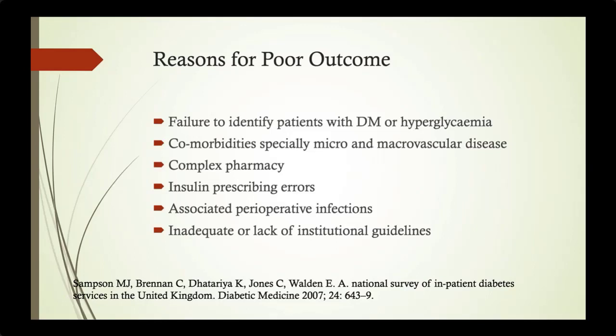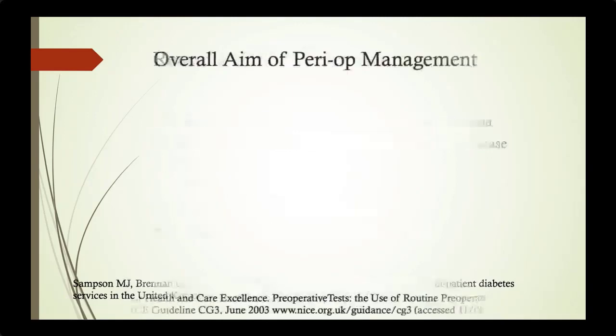Of course, they have an associated perioperative infection rate higher than normal, and inadequate or lack of institutional guidelines have served them. It's again rare nowadays, but some institutions still don't have clear guidelines on how to deal with the patients at different stages of their management.